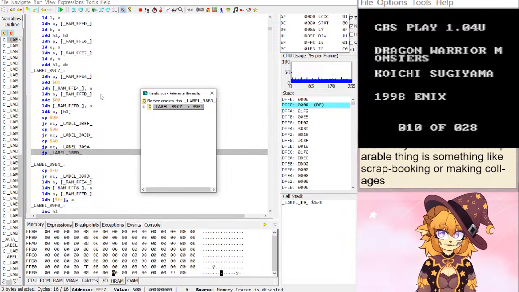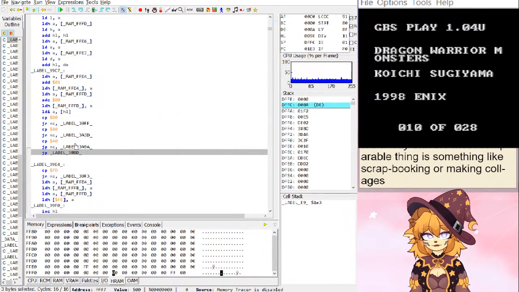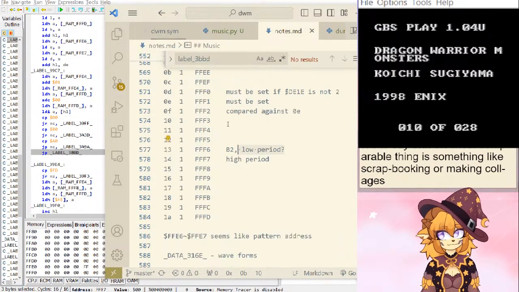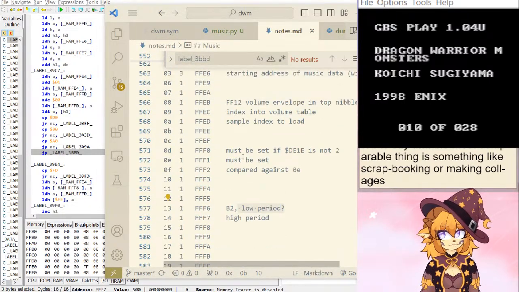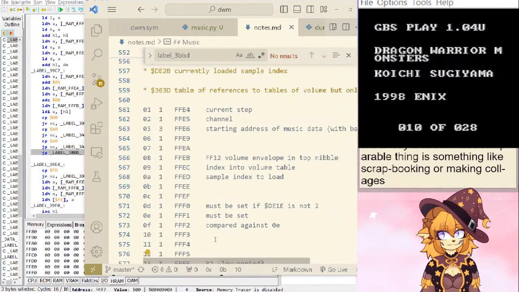Not directly. Huh. Well, don't know. We'll see. Could be the low period, might not be. But if it's not, I don't know what it is.